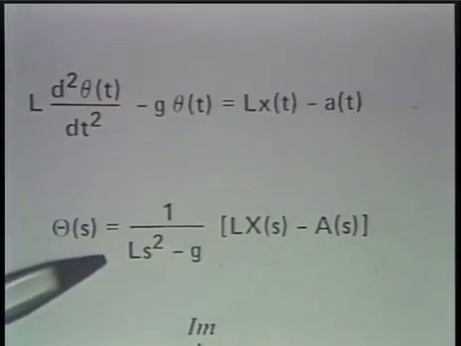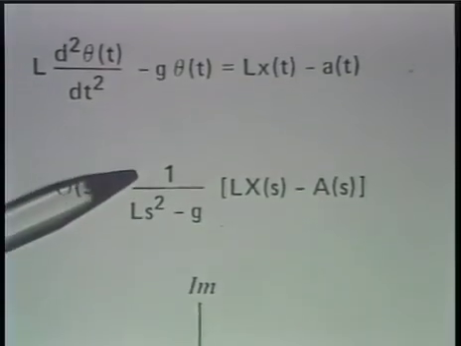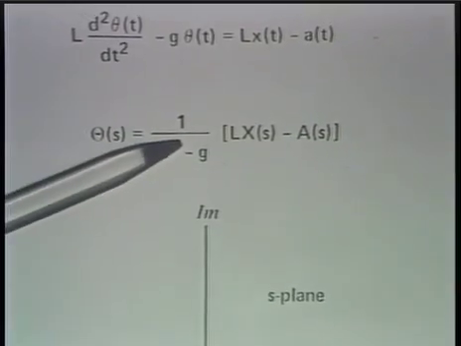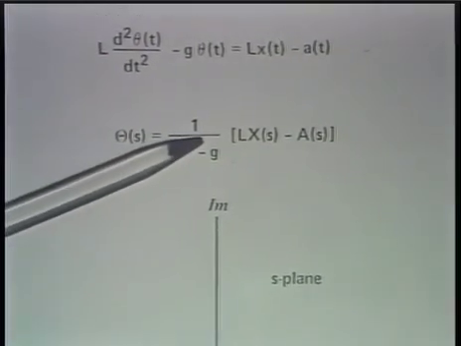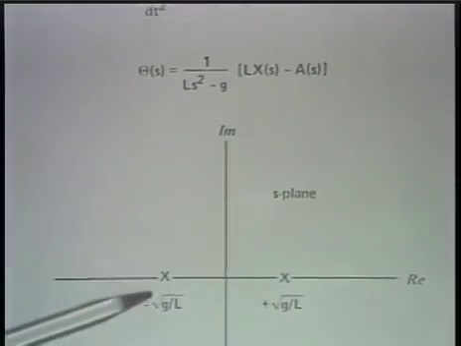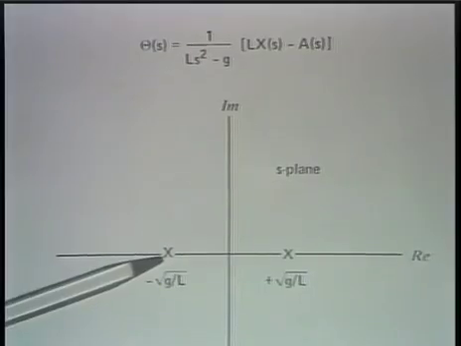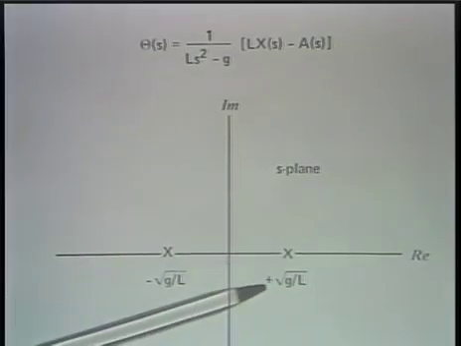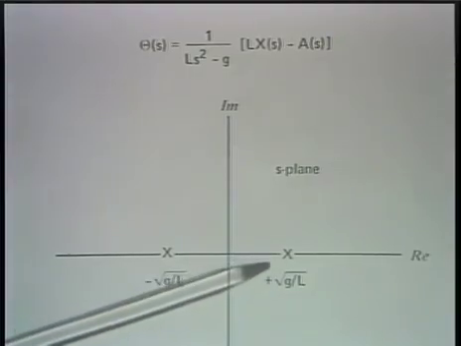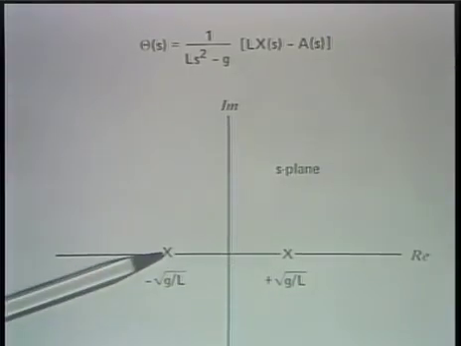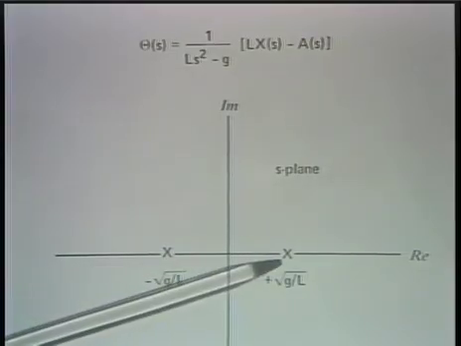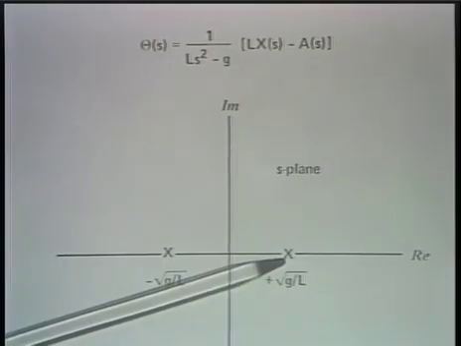Now, we can, of course, solve for the poles and zeros. There are no zeros, and there are two poles, since this is a second-order denominator. And looking at the poles in the S-plane, we see that we have a pair of poles, one at minus the square root of g over L, and one at plus the square root of g over L. And the important observation is that while this pole represents a stable pole, the right half plane pole represents an unstable pole.